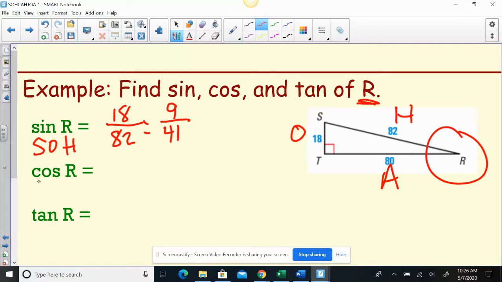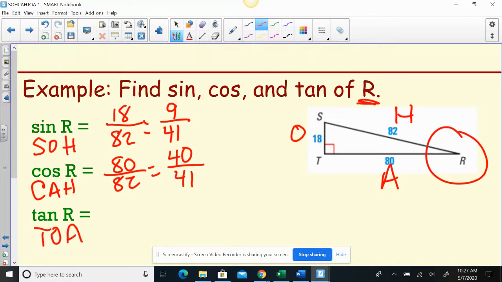Cosine of R, CAH, so adjacent over hypotenuse, 80 divided by 82, math fraction, or you should know that 2 goes into both of those, so 40 over 41. Tan of R is TOA. So 18 divided by 80, math fraction, or you could again divide both of them by 2.